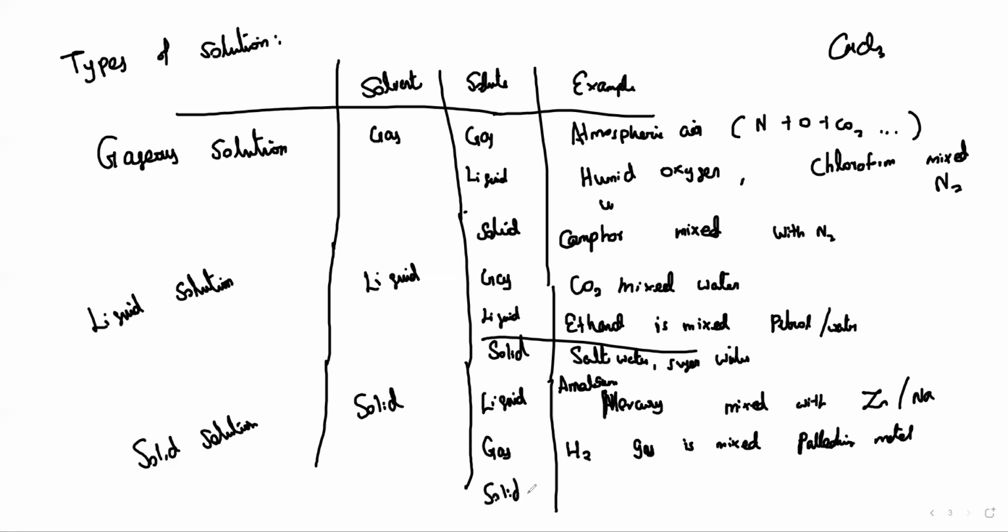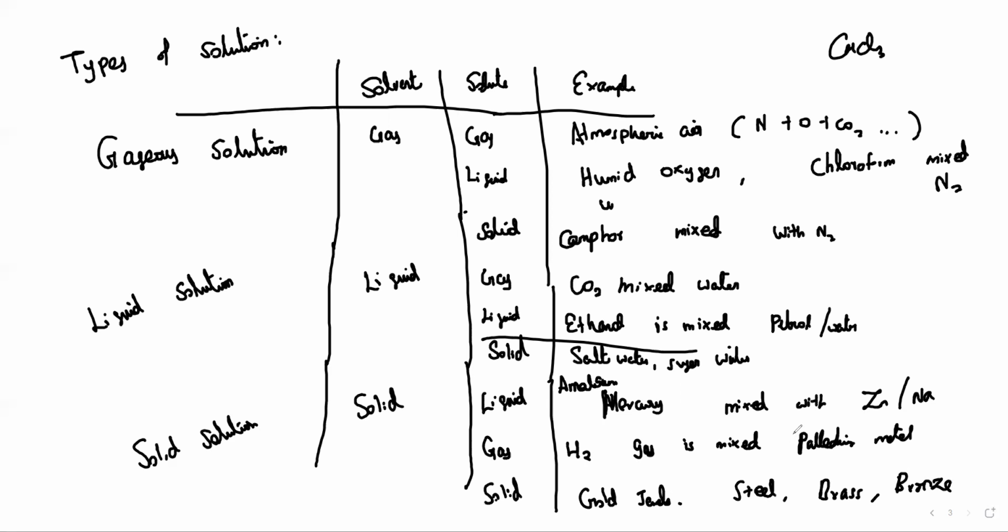And solid mixed with solid, we have many examples like gold jewels, steel, and brass. Copper and zinc, if you use, it is called brass. Copper and tin, if you use, it is called bronze. Stainless steel we are having. Those are all examples of solid in solid solutions.